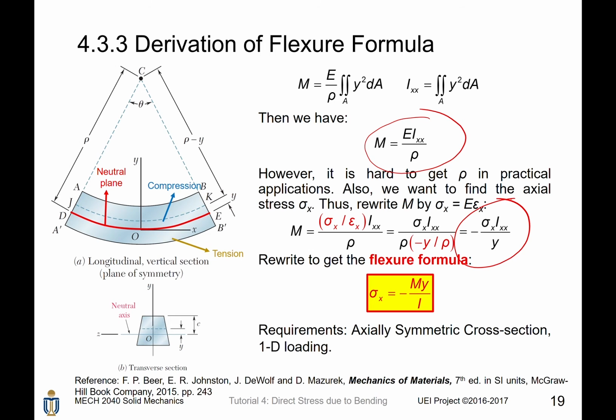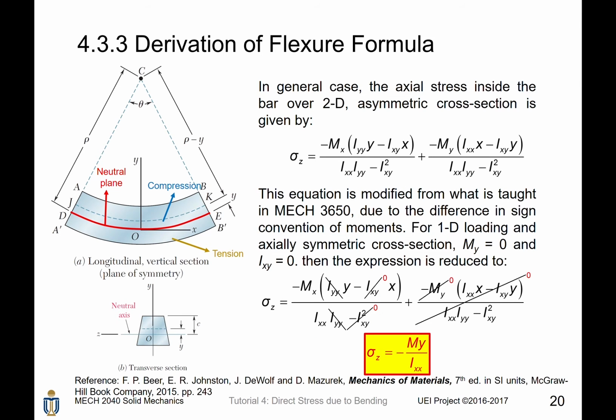Finally, we rewrite the equation to get the flexure formula, which is given by sigma x equals negative M y divided by I. Before using this equation, please check that the cross-section is axially symmetric and the loading is 1D. In general, the axial stress inside the bar over 2D and the asymmetric cross-section is given by this formula.